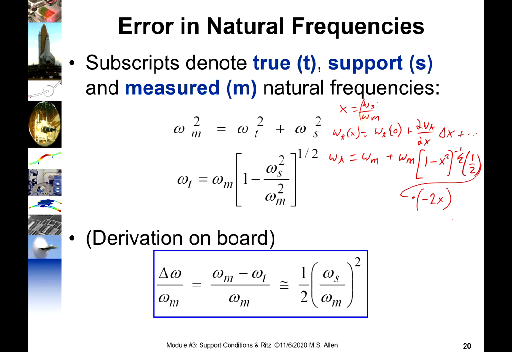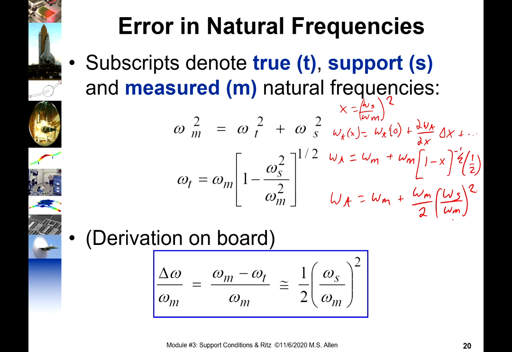Actually, to make the math come out cleaner, I would have x be that quantity squared. So this would have just been 1 minus x. That's what I was doing. And okay, anyway, that eventually gives us this expression that we want. The measured natural frequency over 2 times the support frequency over the measured frequency squared.